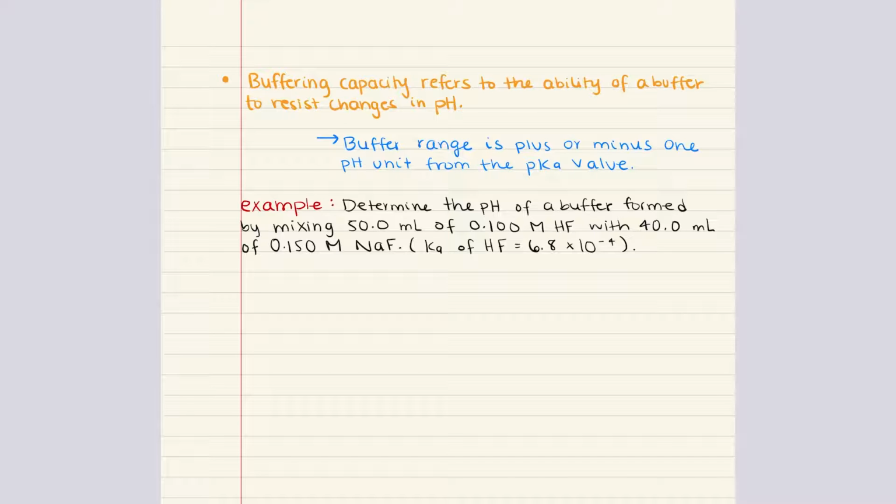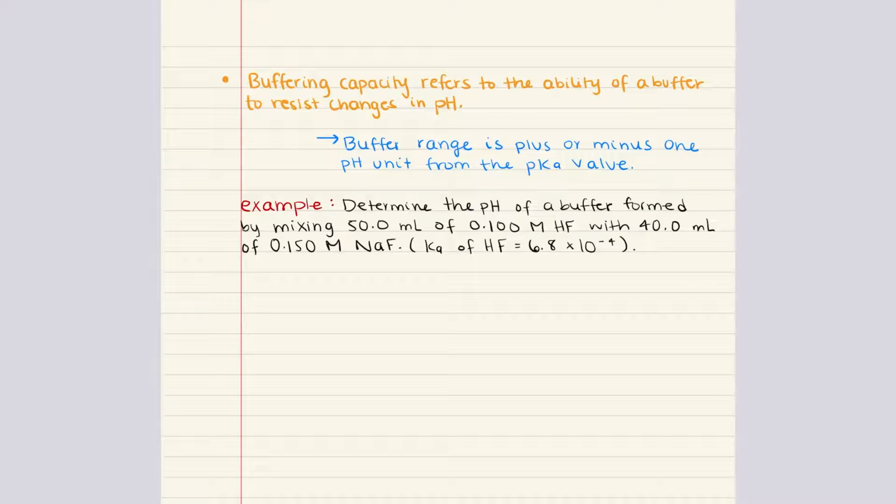So for example, if the pKa of a weak acid is 4.8, the buffer will be most effective between a pH of 3.8 and 5.8. Outside of this range, the concentrations of either the acid or the base become too low to effectively neutralize added acids or bases, and this can weaken the buffer's ability to stabilize the pH.